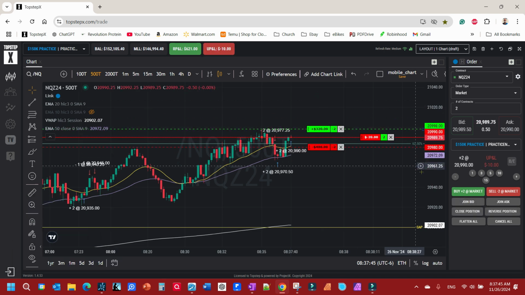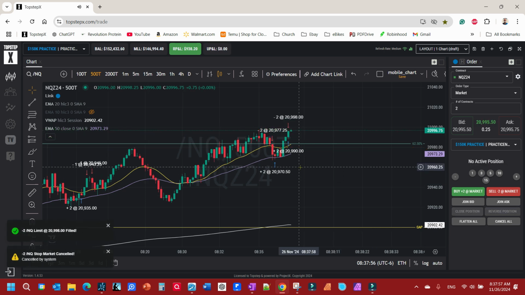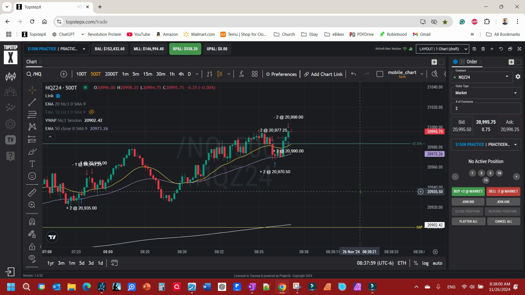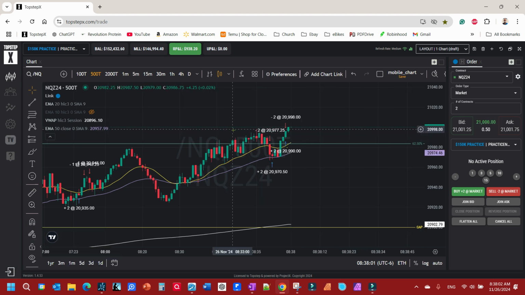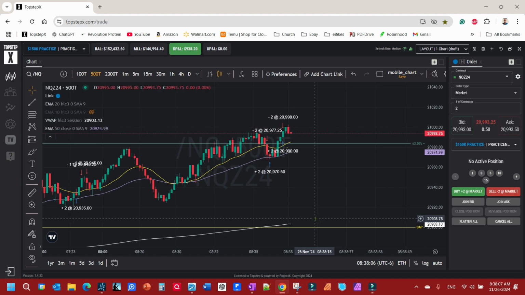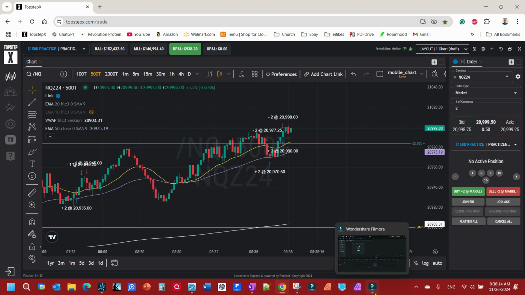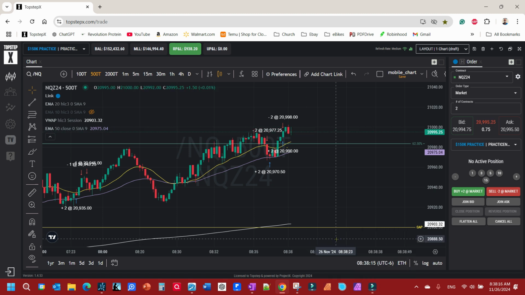We'll see if we can't catch it right up there. Order filled. So far so good. That was a good level at prior high. It's a good place to take it. I probably should have trailed that one, but I didn't. But that's enough trades for today.